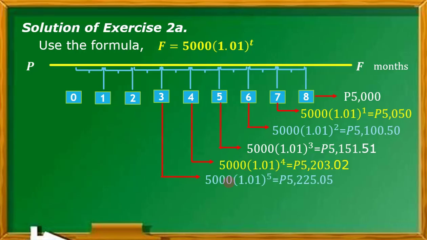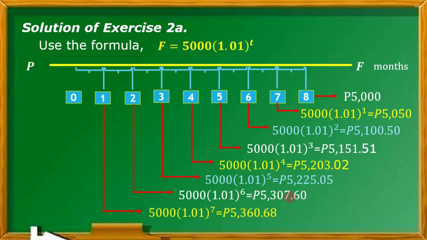Then at t equals 5, we have 5,225 pesos and 5 centavos. At t equals 6, we have 5,307 pesos and 60 centavos. And at t equals 7, we have 5,360 pesos and 68 centavos.